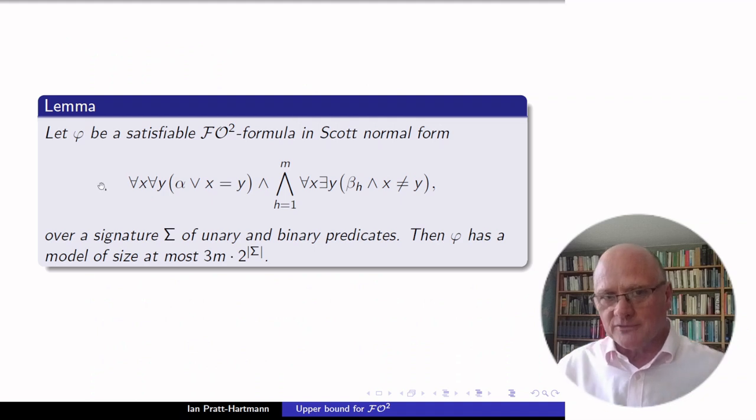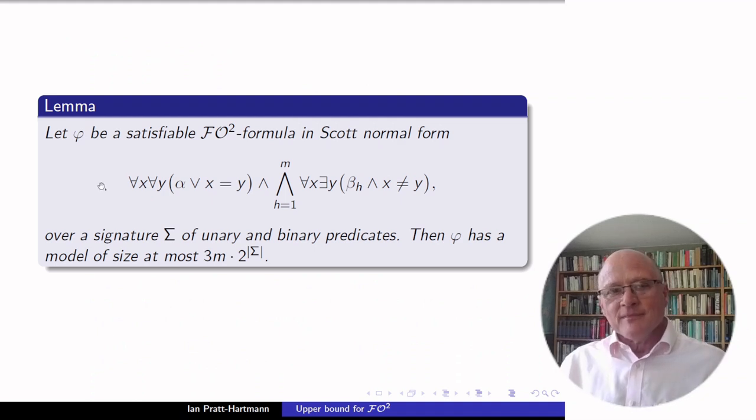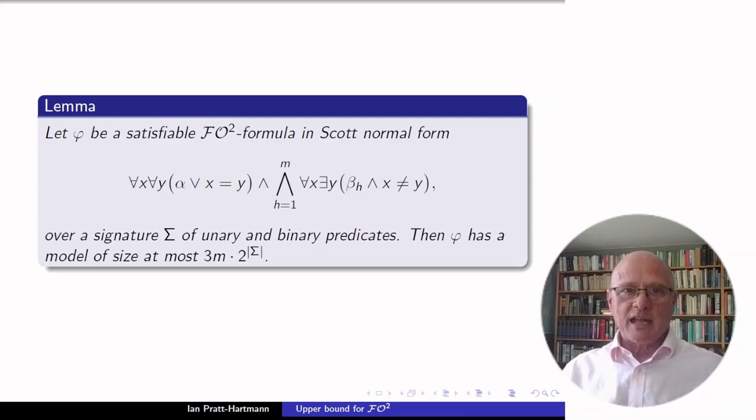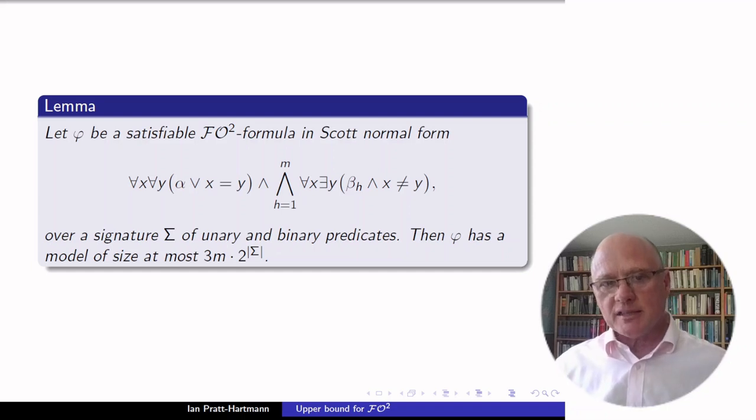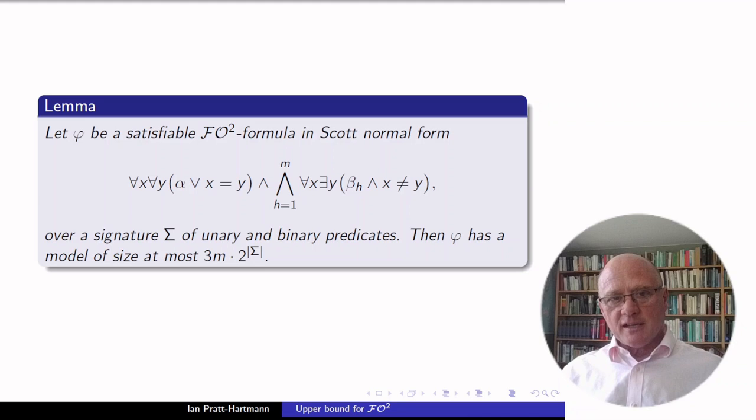So we're now going to prove the following lemma. Let phi be a satisfiable formula of the two-variable fragment in Scott normal form over a signature sigma of unary and binary predicates. Then phi has a model of size bounded by this function here. The exact details of the bound aren't really important.